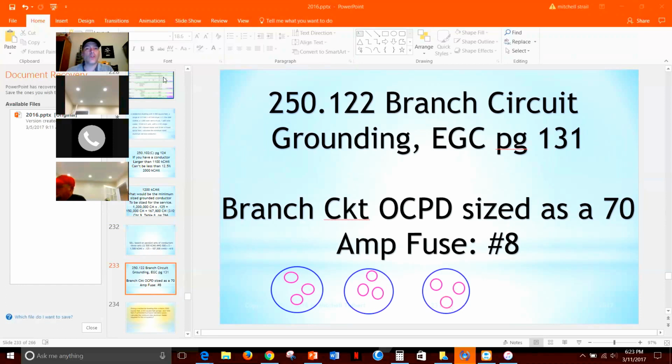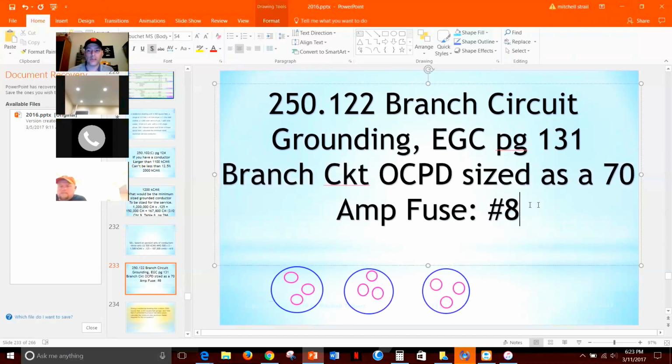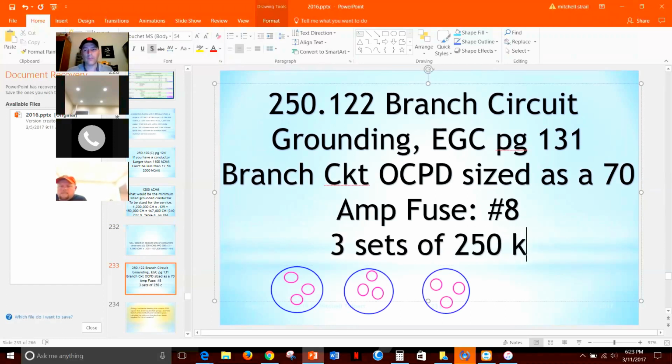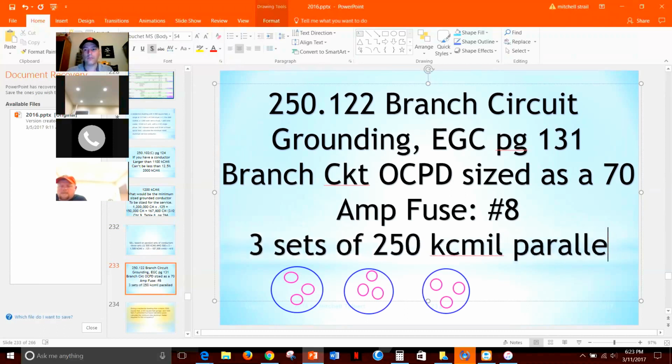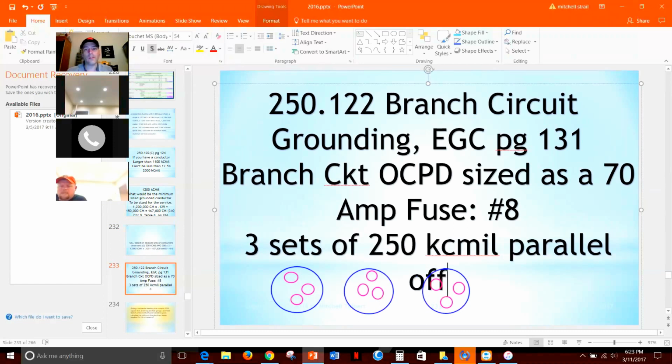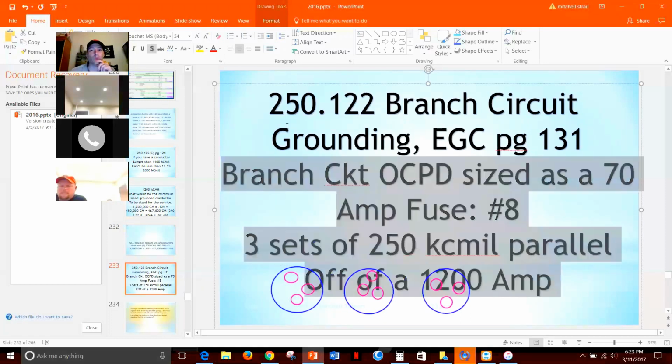So if these things were coming off of a branch circuit that was sized with a 1200 amp breaker, 3 sets of 250 kcmil paralleled off of a 1200 amp breaker, there won't be any discount at all whatsoever on those wires.